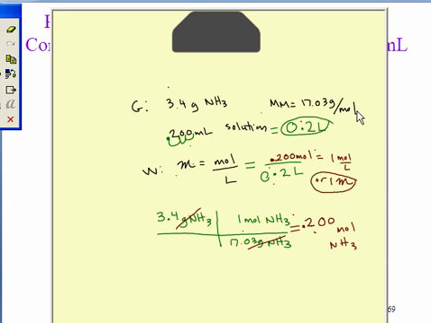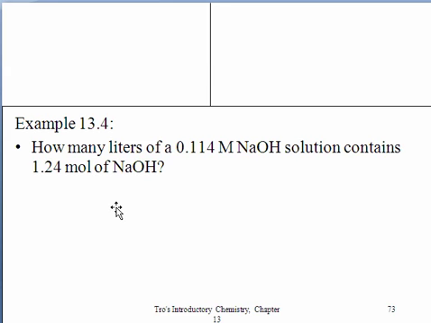So if you got that as your answer, give yourself a big pat on the back. All right, let's look at another problem. This is example 13.4 from your text. How many liters of a 0.114 molar sodium hydroxide solution contains 1.24 moles of sodium hydroxide?